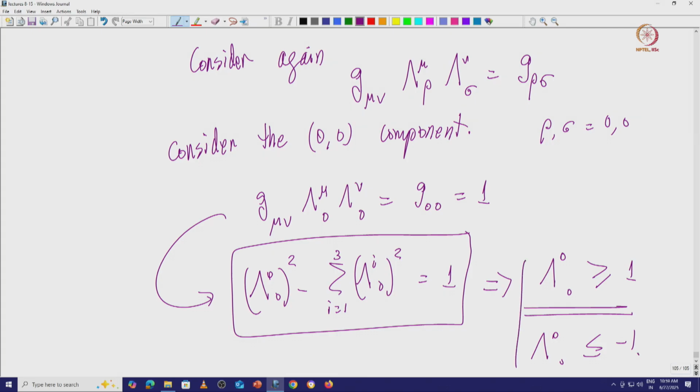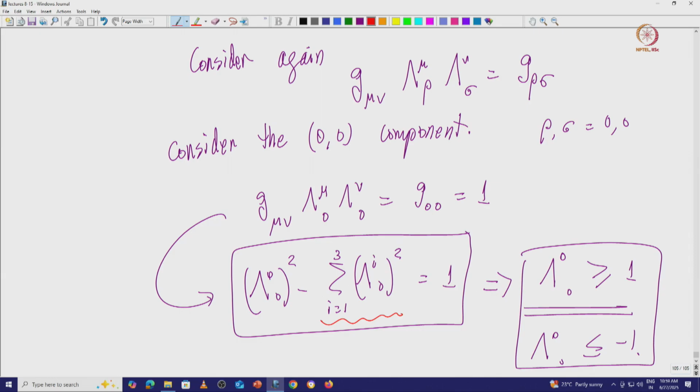So these are the two conditions you'll get, because this part is always positive definite. Since this is always positive definite, lambda 0 0 squared is also positive definite.